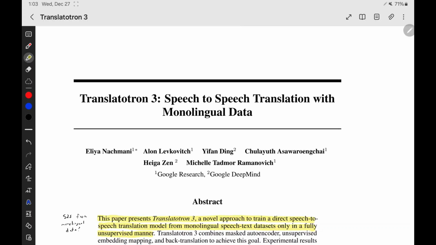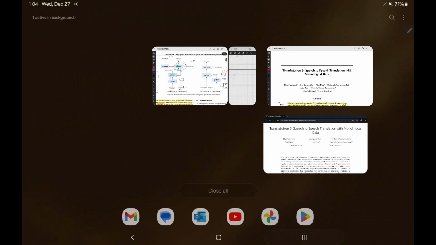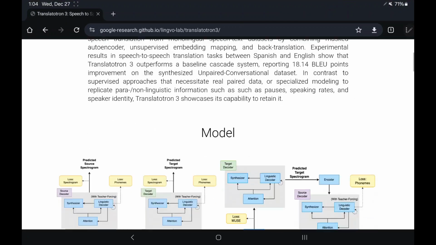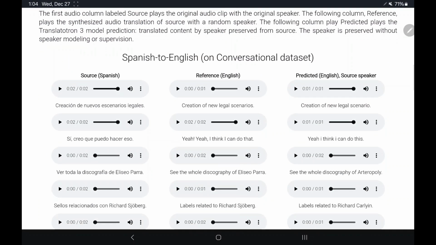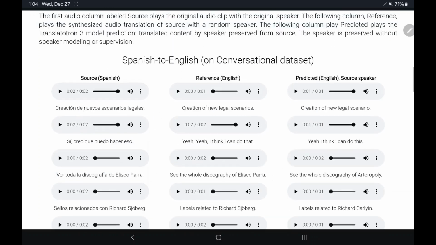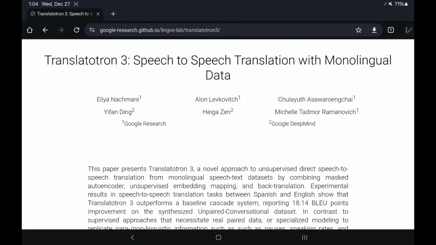We will see if somebody implements this and if it's actually as good as they show. Hopefully it is, because that would be kind of cool. Curious if it actually works this well, because it sounds pretty good. Wish Google would open source the model though. Anyways, that's Translatotron 3.